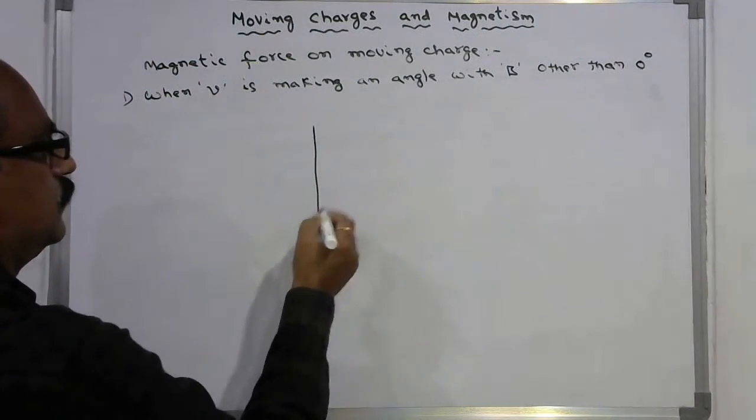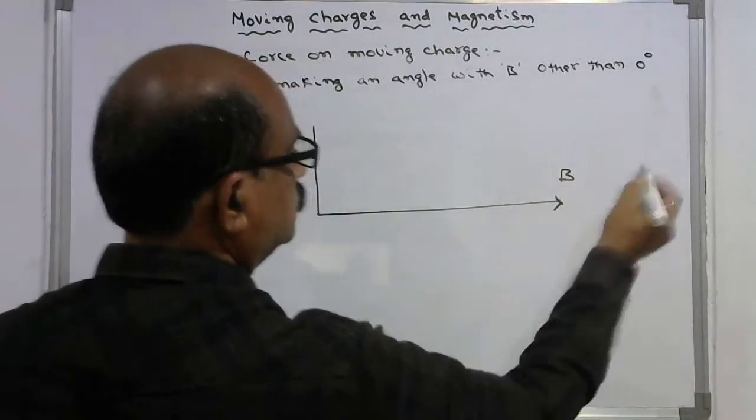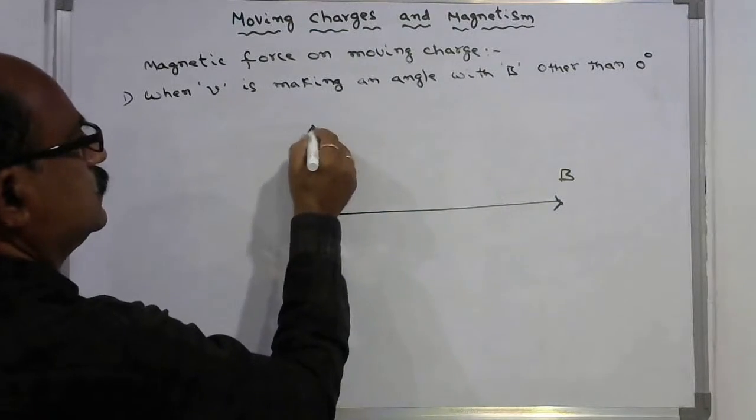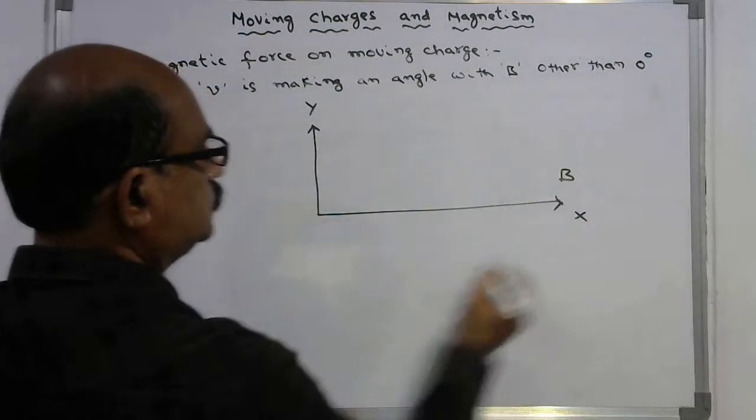Consider this is the direction of the magnetic field, and this is the y-axis and this is the x-axis.